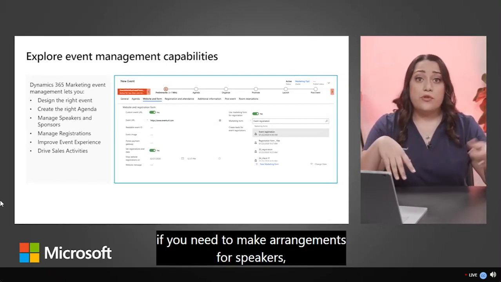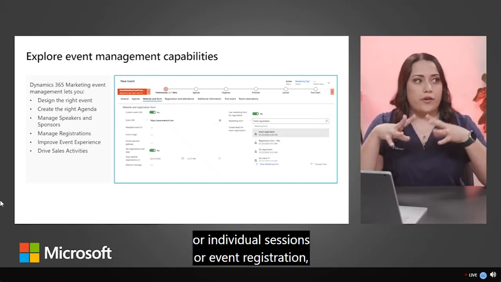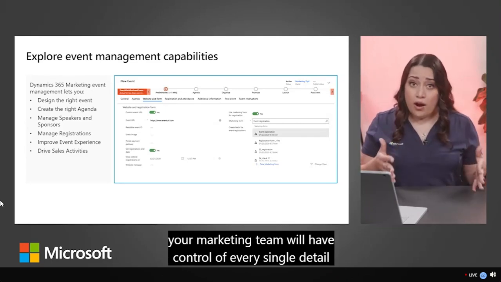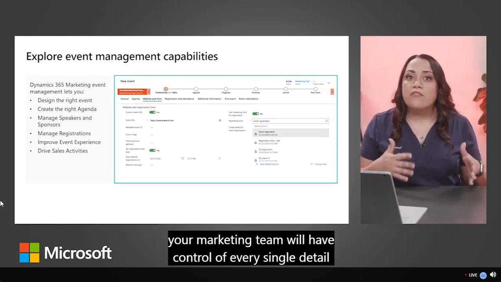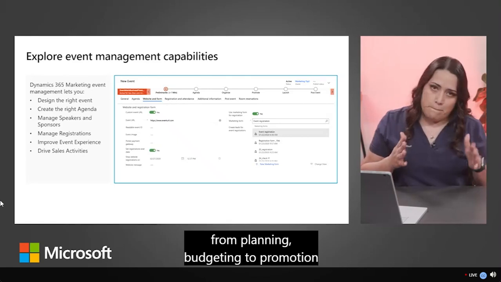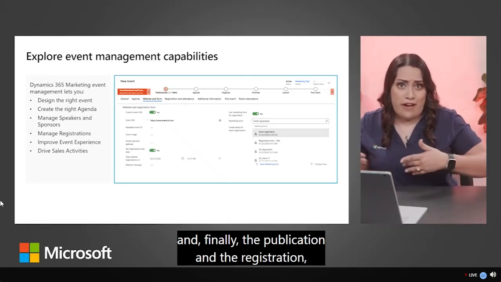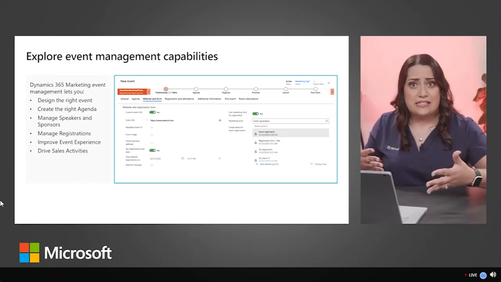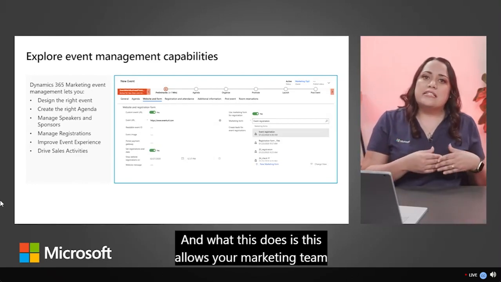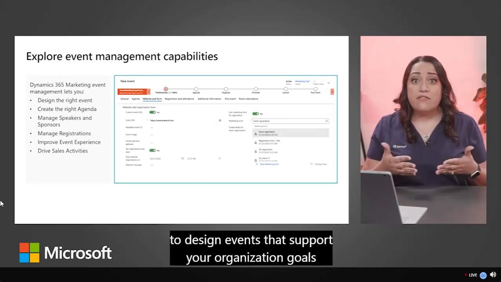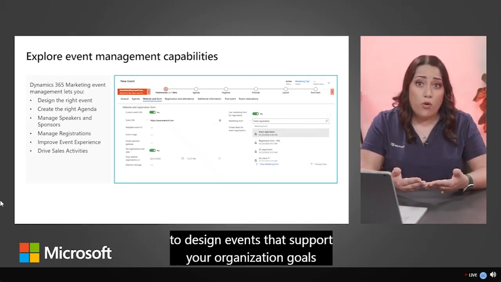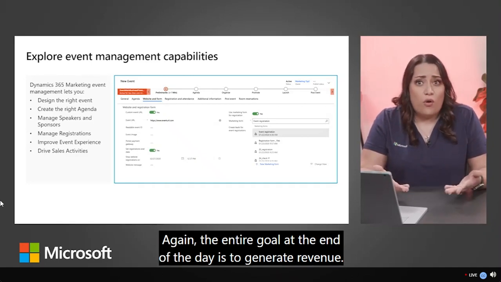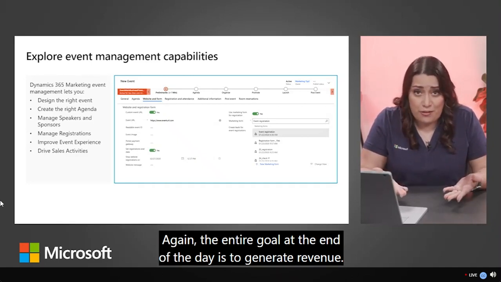So let's say, for example, if you need to make arrangements for speakers or individual sessions or event registration, your marketing team will have control of every single detail from planning, budgeting, to promotion, and finally the publication and the registration and all of the event's analytics. And what this does is allow your marketing team to design events that support your organization goals and attract the right audience. Again, the entire goal at the end of the day is to generate revenue.